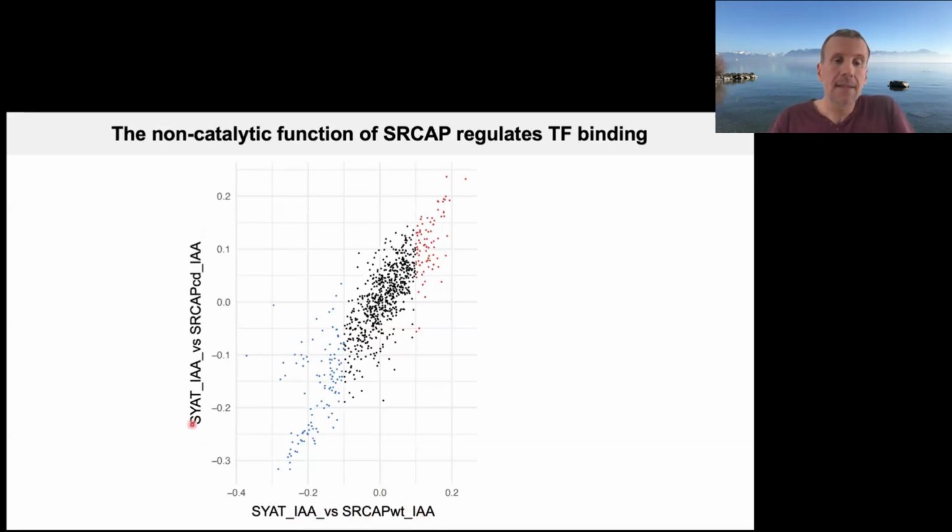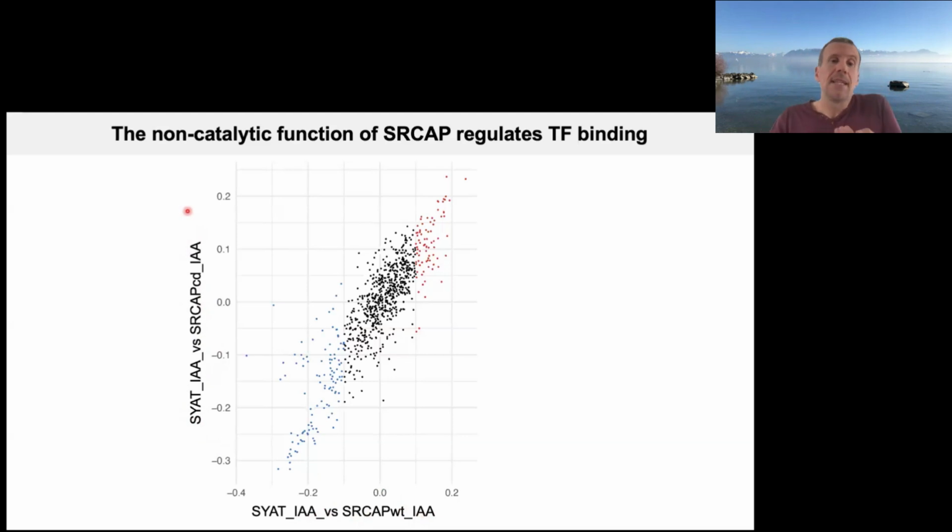Now on the y-axis, you have again the same cell line treated with auxin, but now we compare this to the SRCAP that is catalytically dead, also treated with auxin. So in this vertical comparison, you restore SRCAP levels, but you don't restore H2A.Z levels.